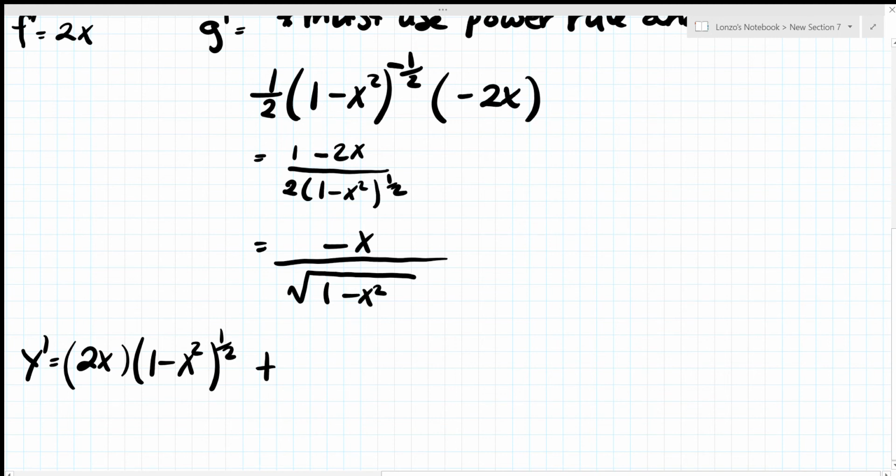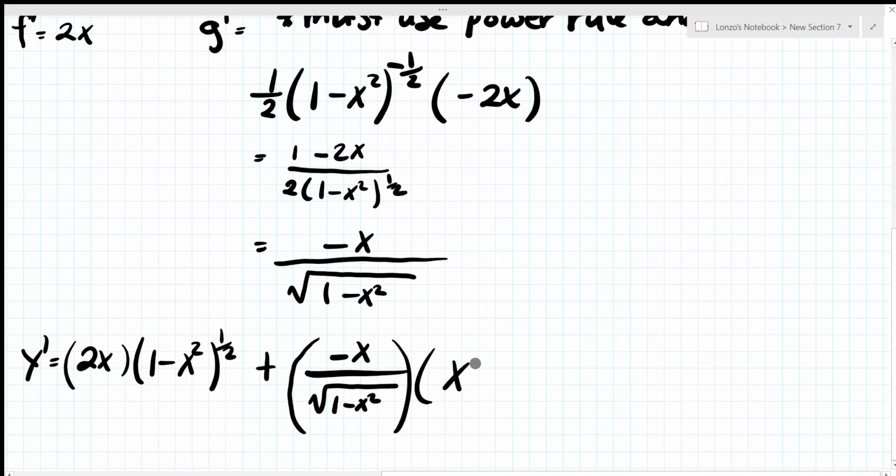So g prime is this thing: negative x over the square root of 1 minus x squared, times f, which is just, what is f? Well, f prime is 2x, so f is x squared.